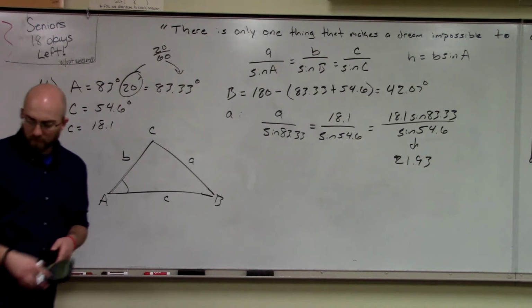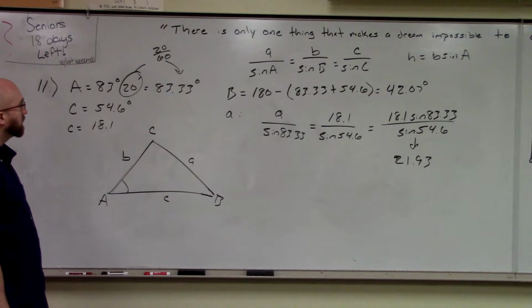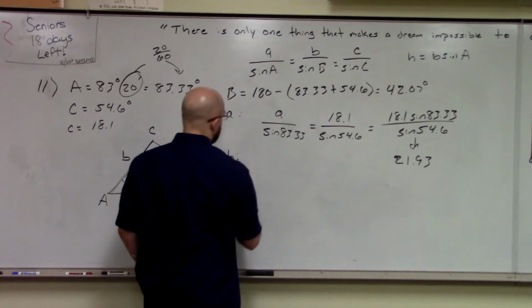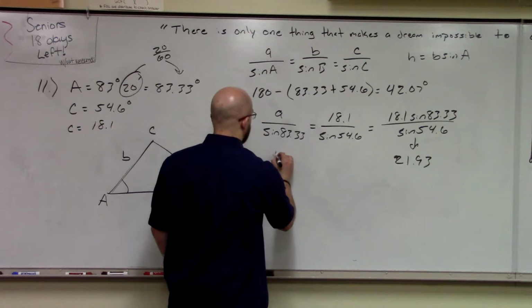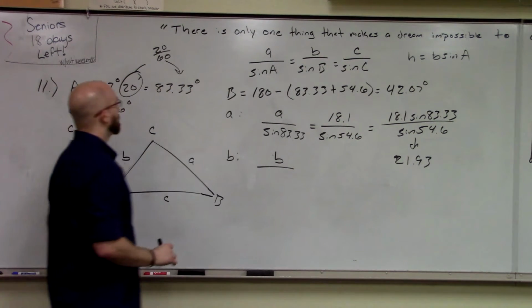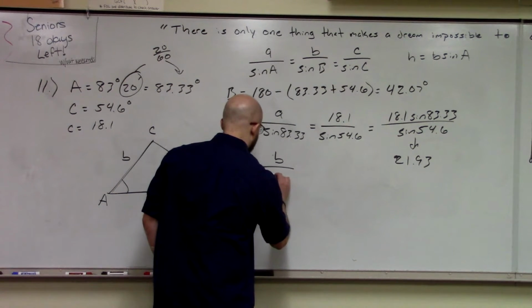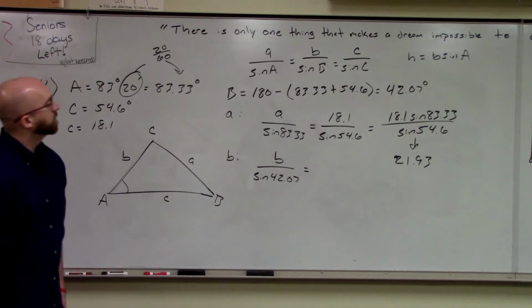Let me check, make sure I got that right. And of course, it depends on where you start rounding your answer to. So it all depends on where you start rounding stuff as well. So let's get little b. So it's just b over sine 42.07 equals, let's use c again.